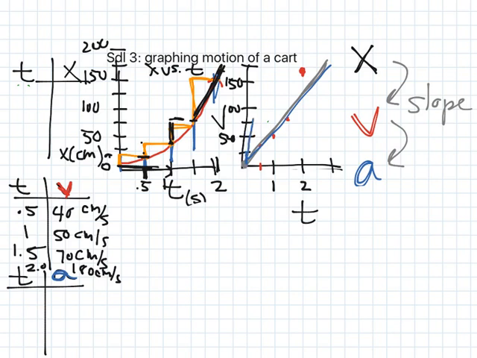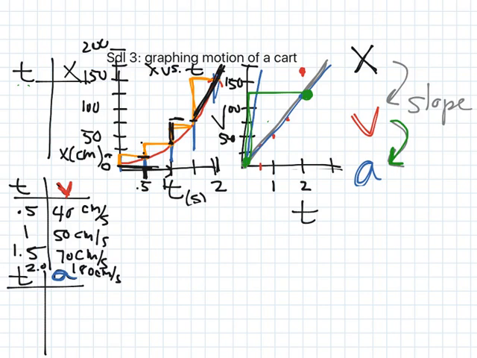So if we start here, go up, and again, pick points on your line, like I'm going to pick this point. Don't use your data points, pick points on your line. So if I go up from 0, and again, we're finding the slope because if we have velocity and we want to look at the acceleration, we need to find the slope of it.